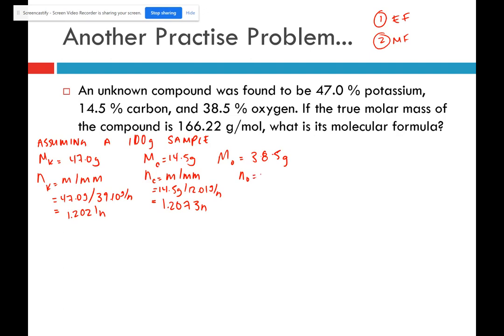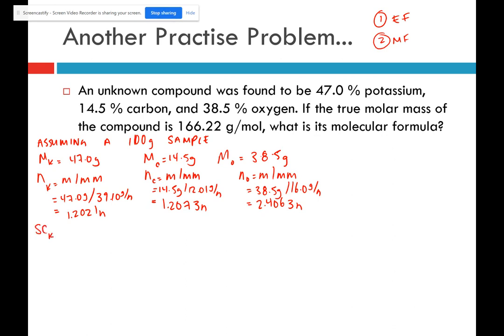And we'll do the same thing for oxygen. It's going to be 38.5 grams divided by 16 grams per mole, so it's going to be 2.4063 moles.